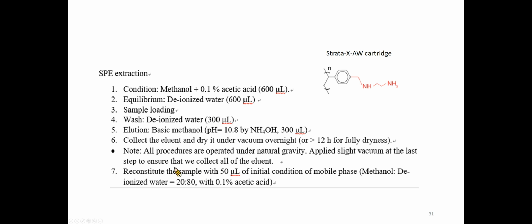Finally, we elute our analytes using basic methanol. The eluent is collected, dried under vacuum, and then reconstituted with the mobile phase of the initial chromatography condition. Using the initial ratio to reconstitute the sample can avoid retention time shift.